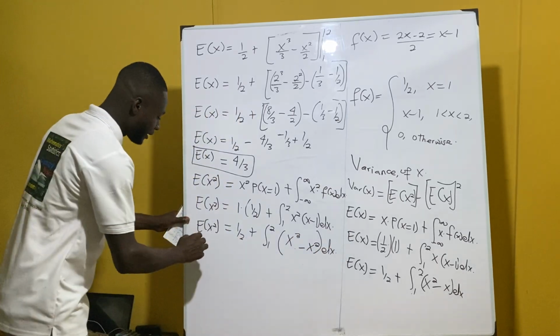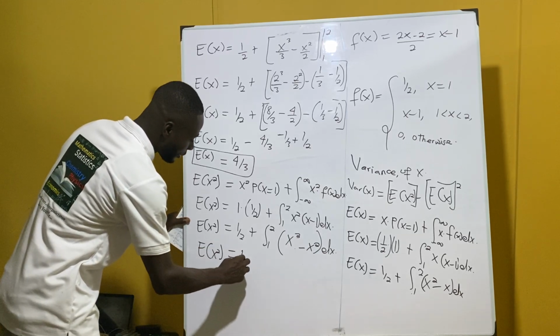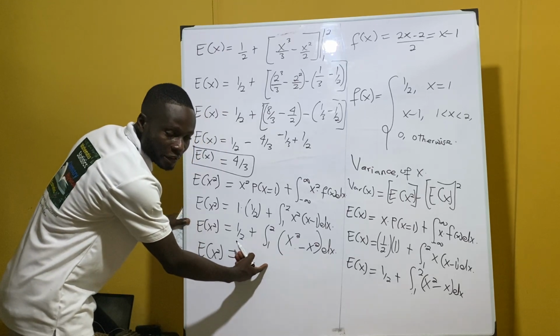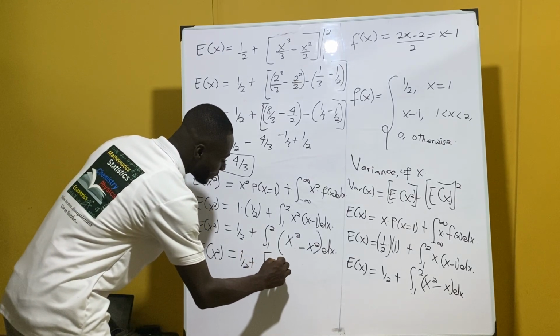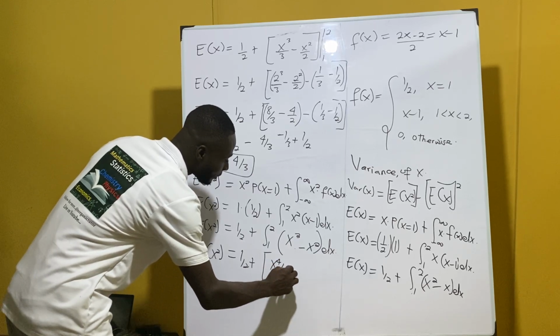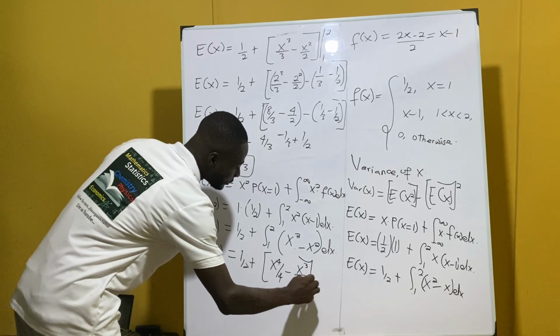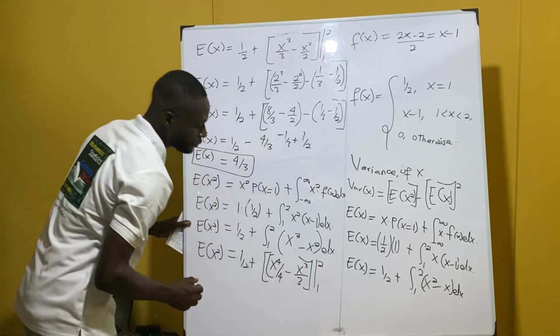And then we go ahead and integrate the continuous case as well. When we integrate this, we are going to have x to the power 4 over 4 minus x to the power 3 over 3, from 1 to 2, right?